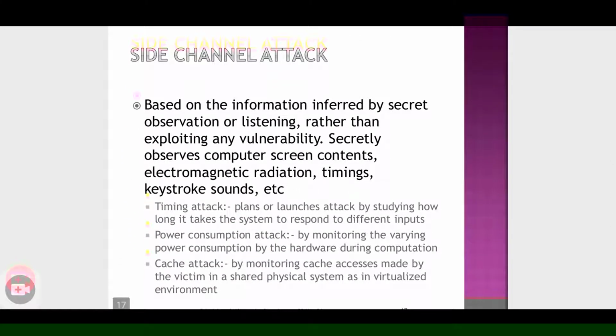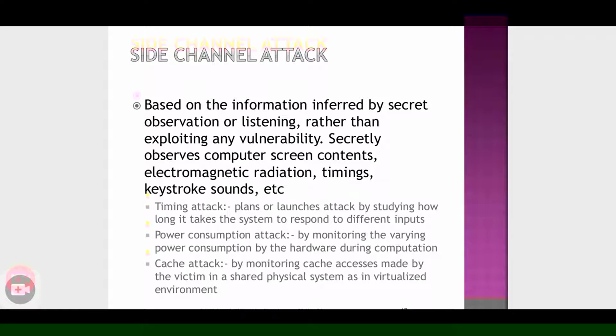Next is the side channel attack. It is also an active attack. Side channel attack is based on information inferred by secret observation or listening, rather than exploiting any vulnerability.